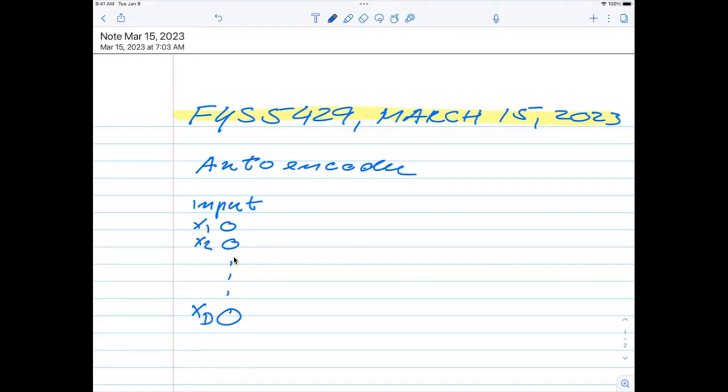So this is the input part. And this transfers the input via a function f into the hidden part, or the coding part. It's normally called the code part.